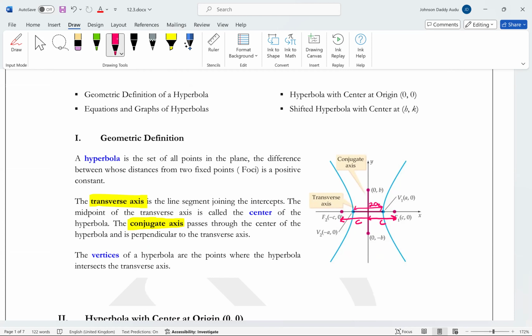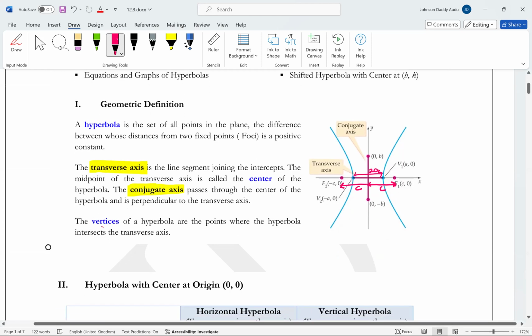All right. Now these intercepts are what we call the vertices. The vertices of a hyperbola are the points where the hyperbola intersects the transverse axis. So in this case, these are the vertices. This is vertex 1 and this is vertex 2.